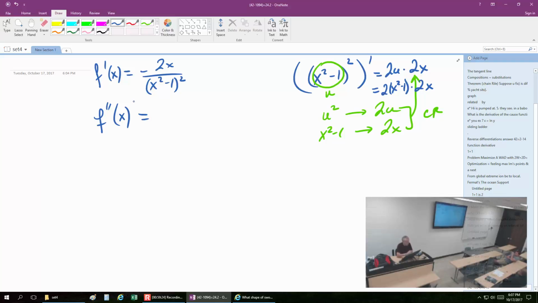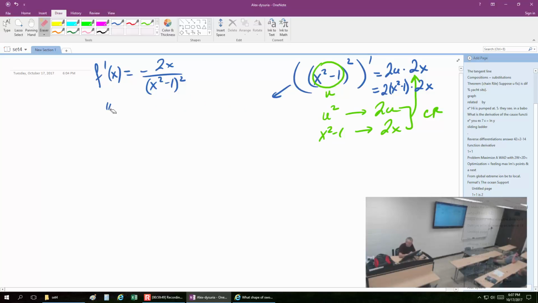Now we combine that information with the quotient rule. So we start by differentiating the numerator, which gives me -2. Hold on, sorry, I messed it up.